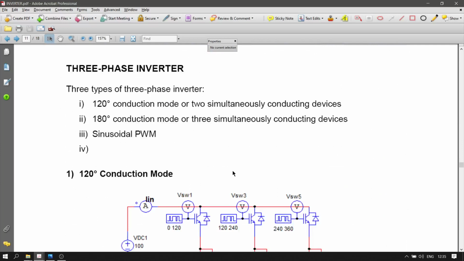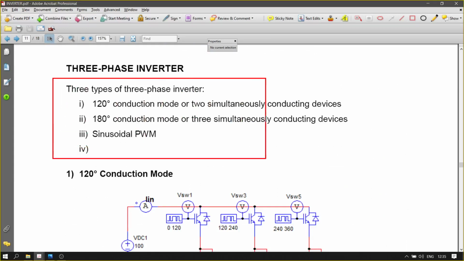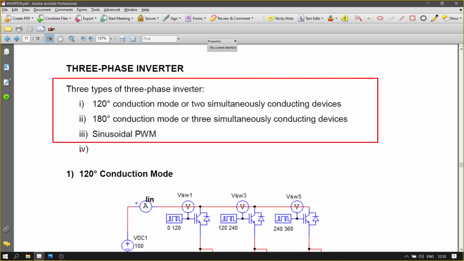Okay, so there are three types of three-phase inverter. You can have a 120-degree conduction mode, you can have a 180-degree conduction mode, and finally you can also have the sinusoidal PWM waveform.